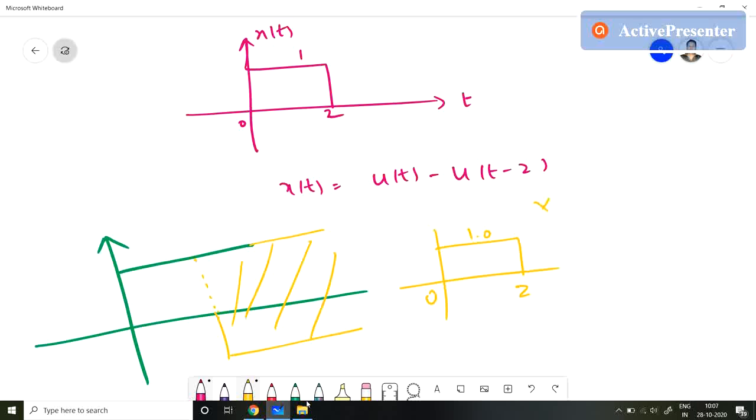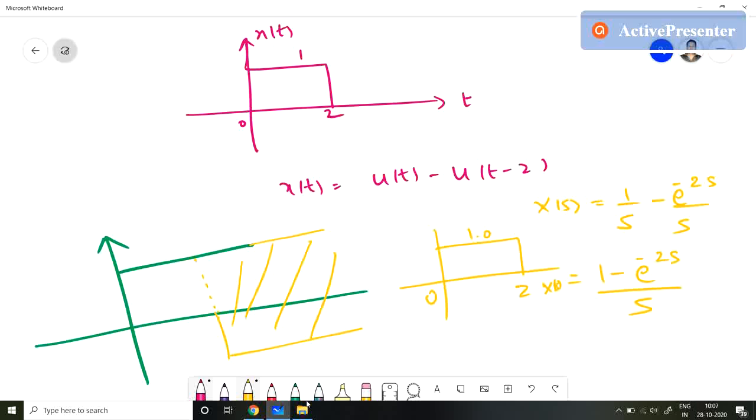So what is X(s)? X(s) is nothing but the Laplace transform of u(t), that is 1/s, minus the Laplace transform of u(t - 2), that is e^(-2s)/s. So it is (1 - e^(-2s))/s, that is X(s).